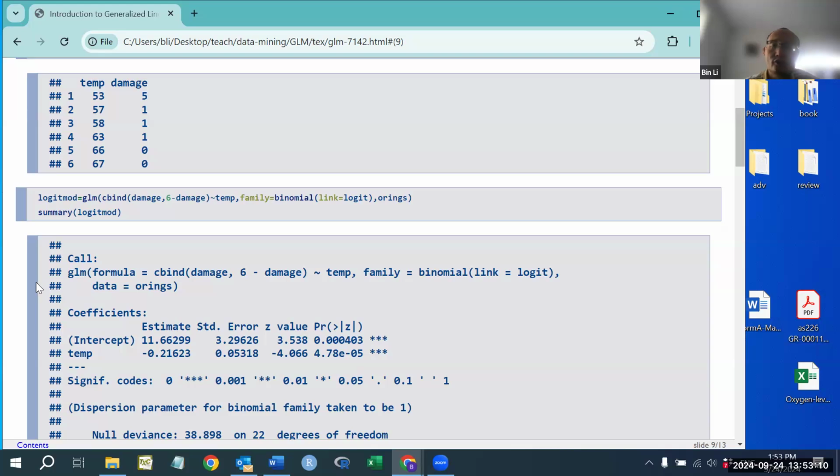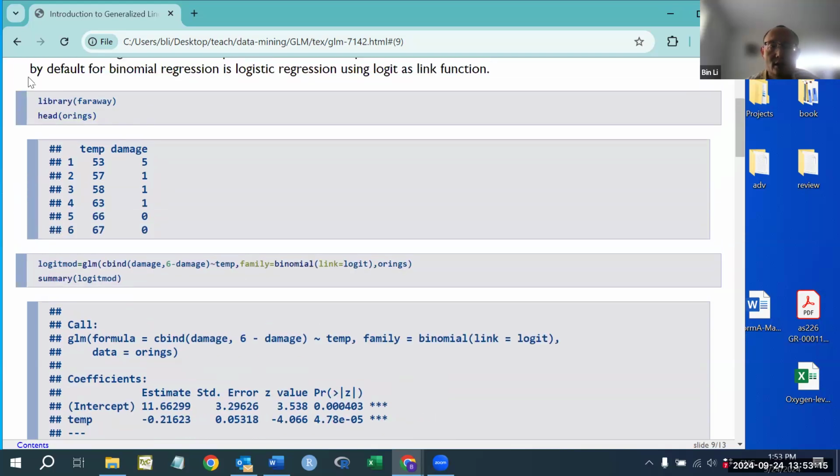To fit a logistic regression, first you can see the outcome is a binomial. The response variable is a binomial; the number of damage has a binomial distribution. So what is a binomial distribution? A binomial distribution is based on a Bernoulli trial.